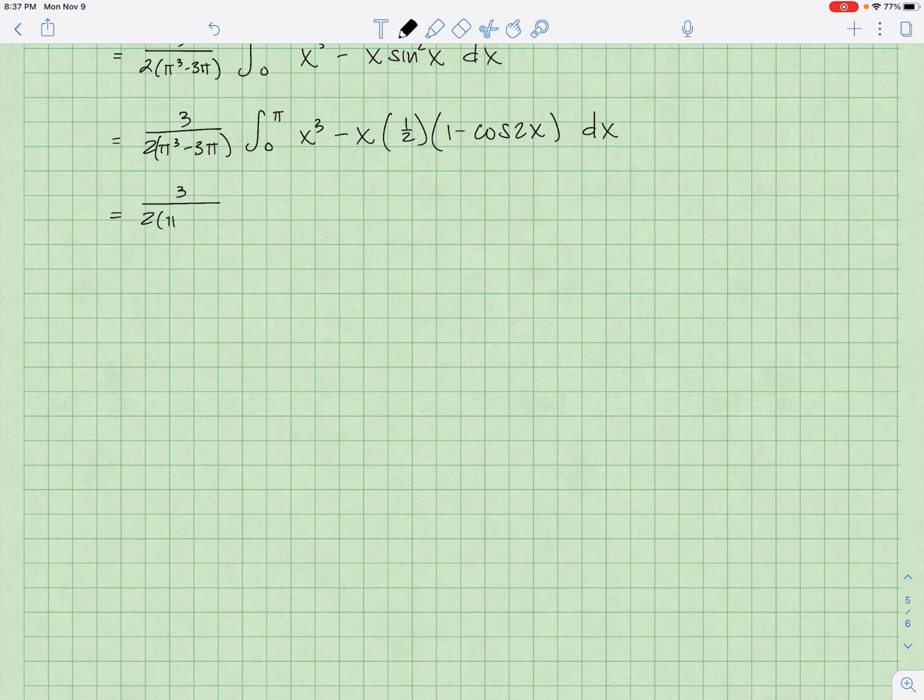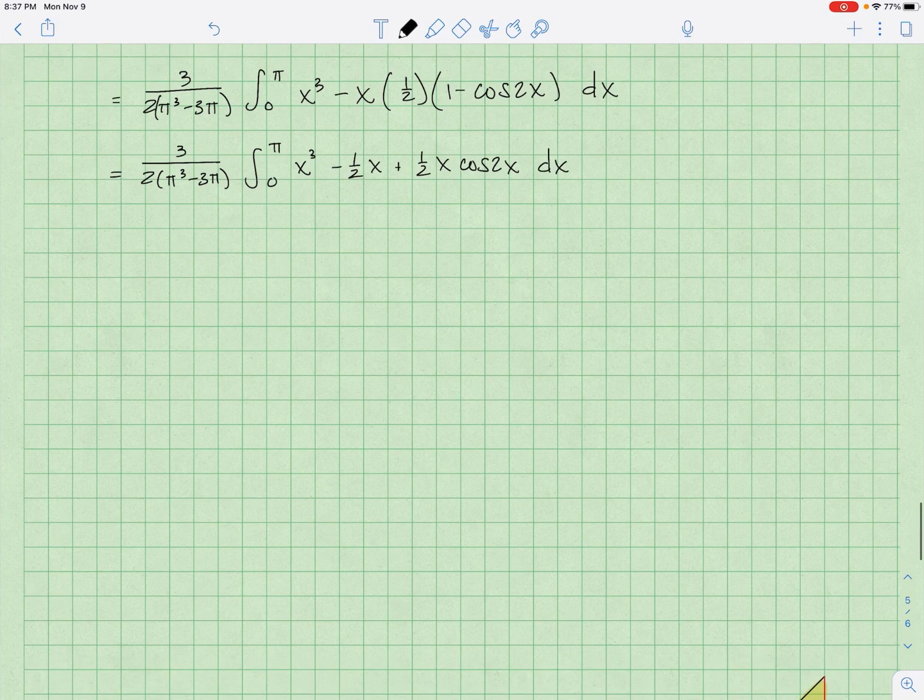So this is what we have. 3 over 2 times the quantity pi cubed minus 3 pi, integral from 0 to pi of x cubed minus 1/2 x plus 1/2 x cosine 2x dx. And we'll use just a little bit of integration by parts on that last integral. So this is 3 over 2 pi cubed minus 3 pi.